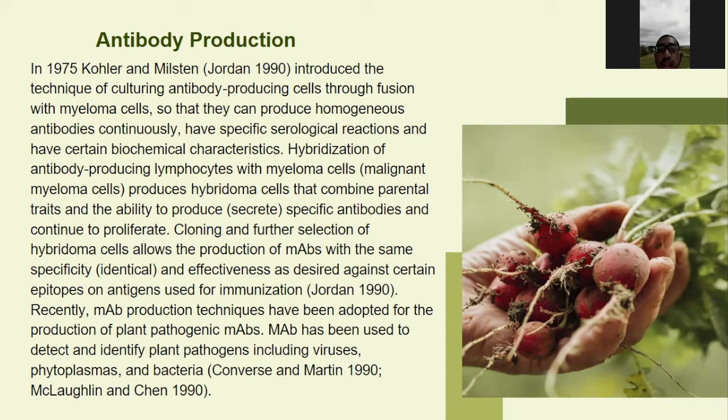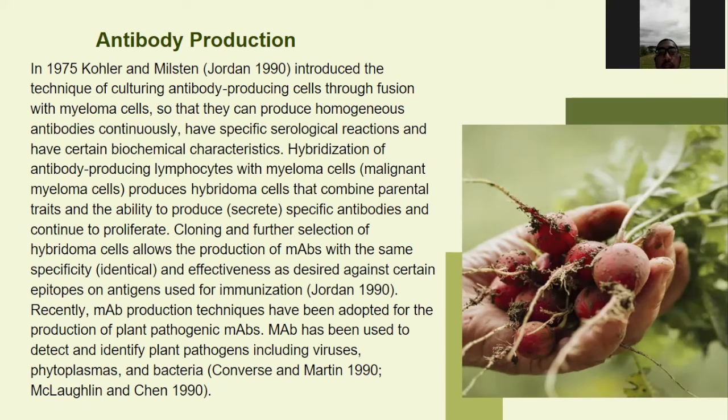Cloning and further selection of hybridoma cells allow the production of MAbs with the same specificity, or identical, and effectiveness as desired against certain epitopes on antigens used for immunization, in Jordan 1990.